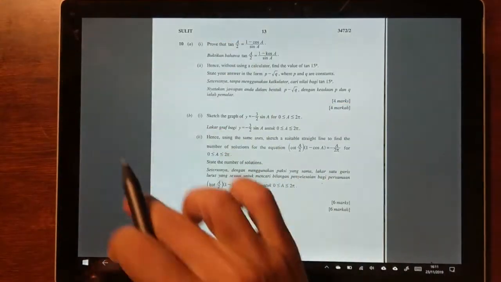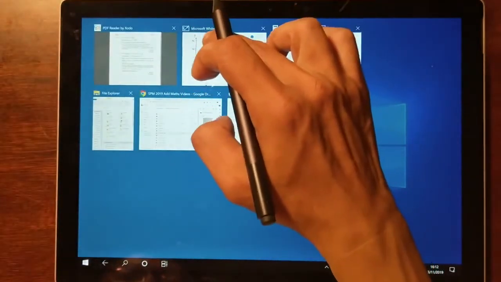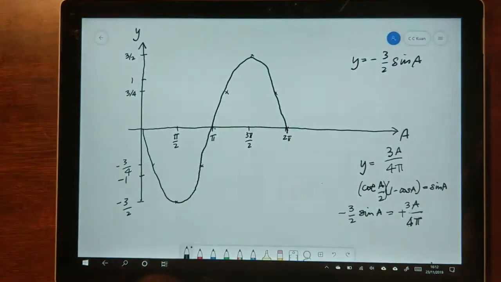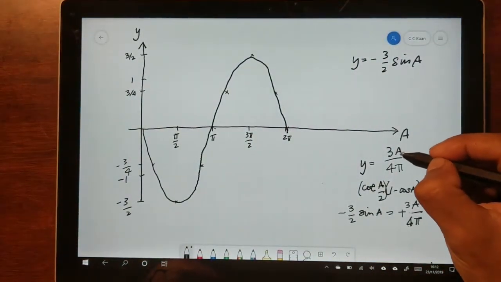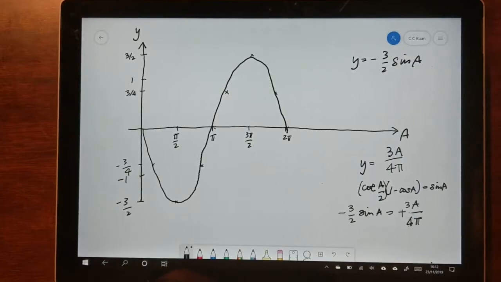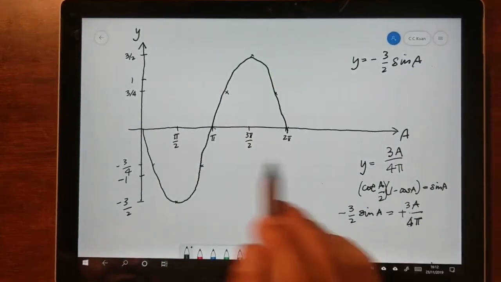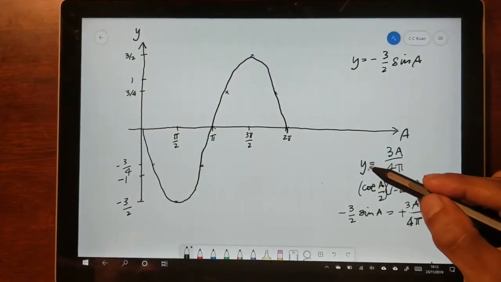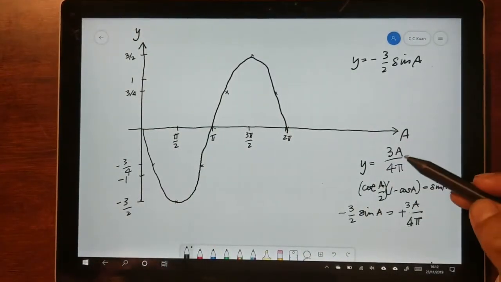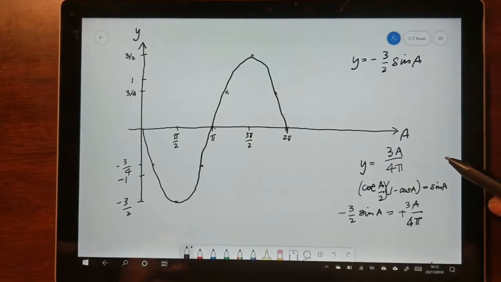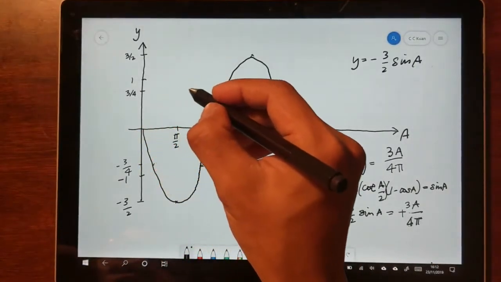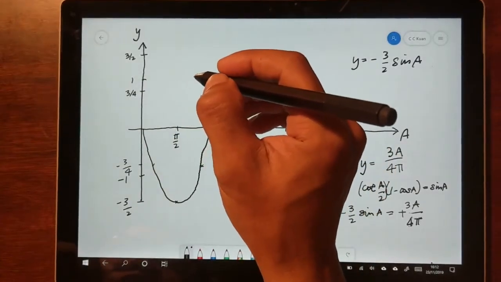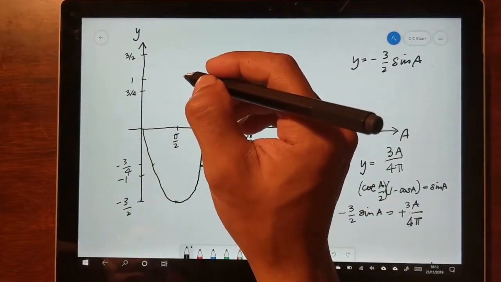So you're going to have a straight line, something like that, crossing the origin at 0. And so we've got to determine 3/4 divided by pi.